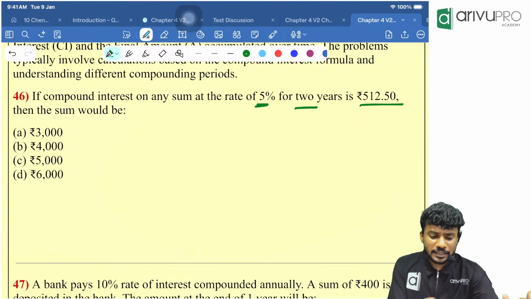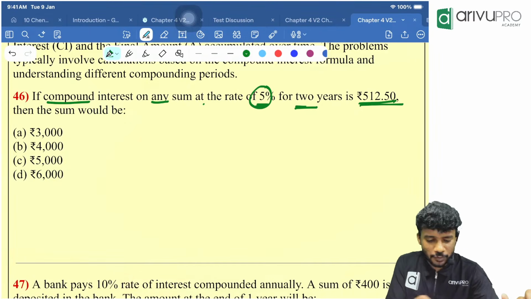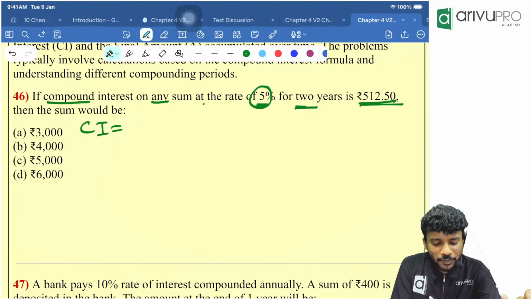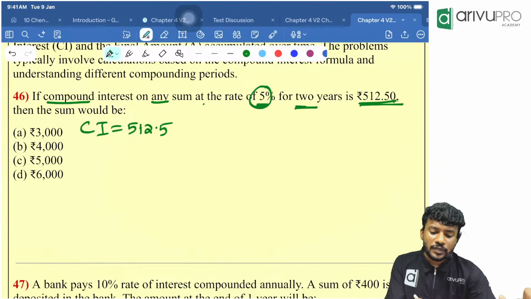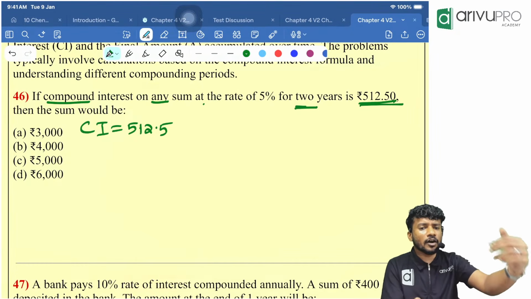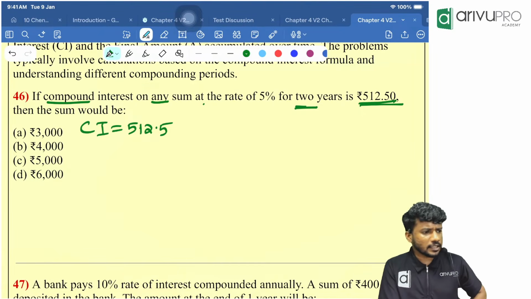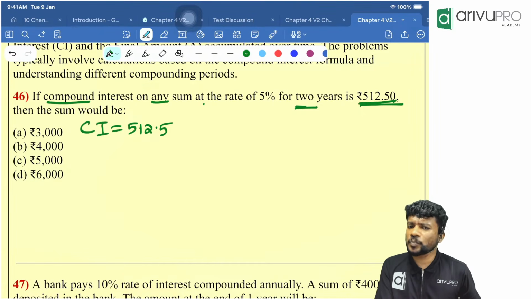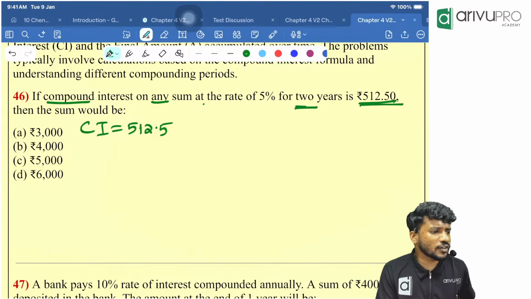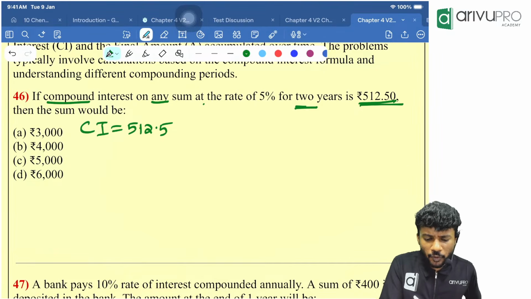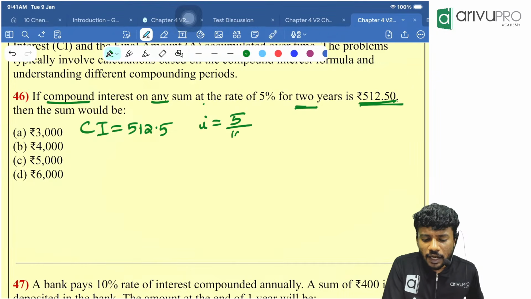CI is given: compound interest on any sum at 5% for 2 years is 512.5. Is it annual compounding, monthly, quarterly or any other? Nothing is mentioned, so I will take it as annual compounding.